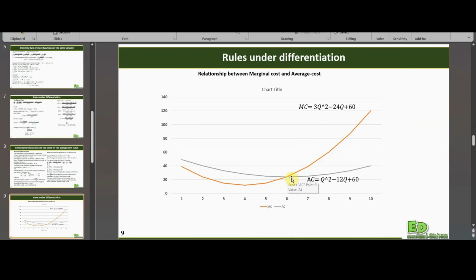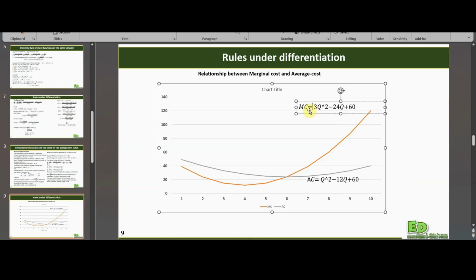So we have the marginal cost function to be 3q squared minus 24q plus 60. The differential of this will give us 6q minus 24. And then if we equate 6q minus 24 to 0, we would have our quantity being equal to 4. And that is our minimum point.